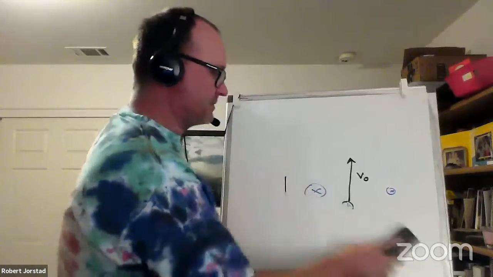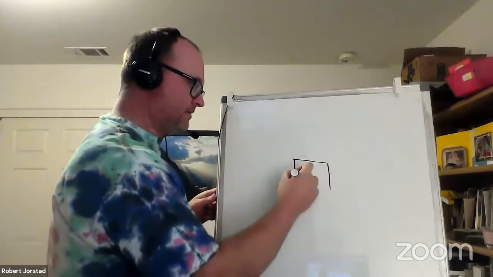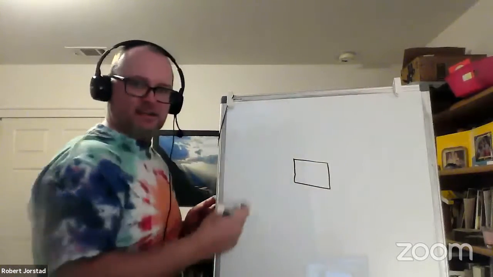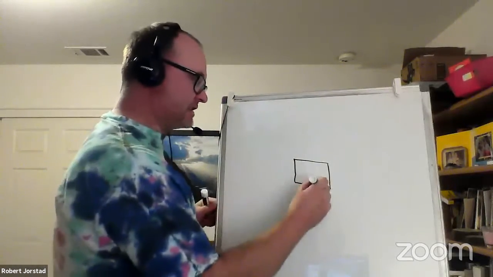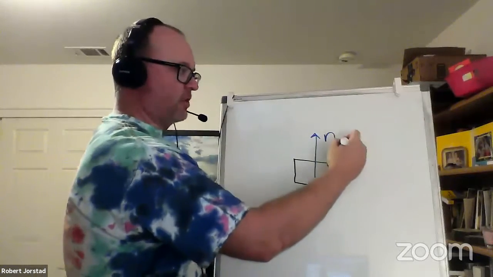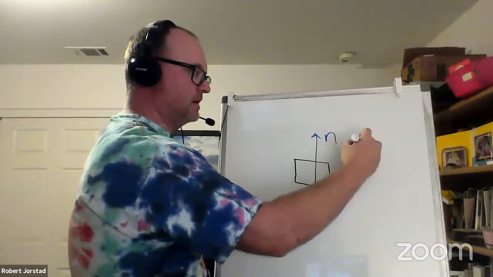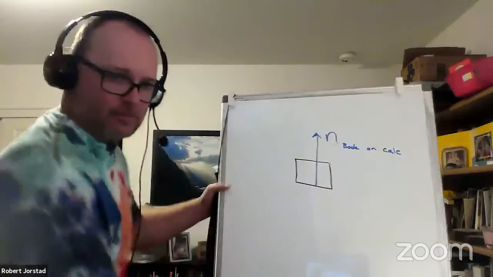So let me show you something here. Let's start with that example. Here's my block, and it's sitting here. We know that the floor is going to exert a normal force up. So that's, let's say this was the normal force of the book on the calculator, okay?